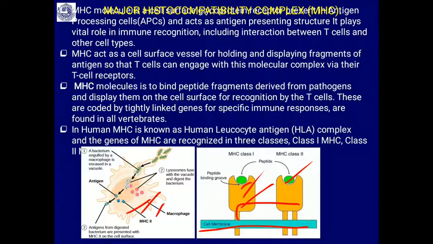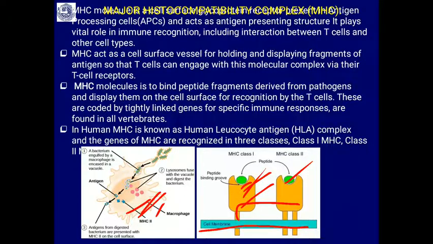It is processed by the antigen presenting cell, the macrophage, and the MHC holds the antigenic epitope or determinant, displaying it and alerting the T cell that this antigenic substance is there in the system.